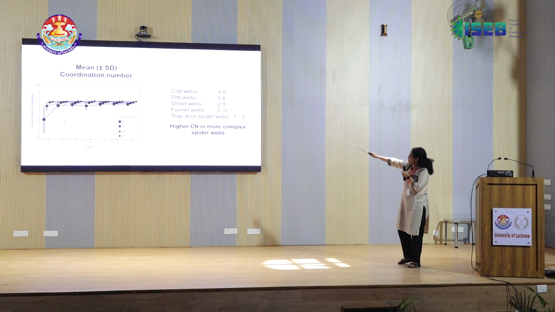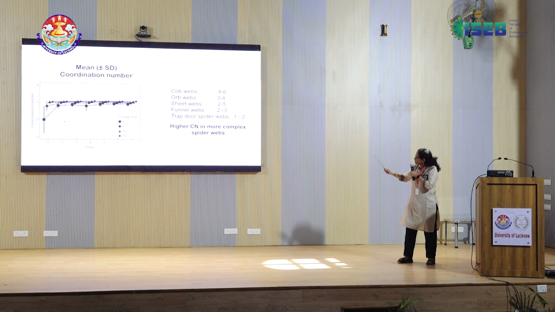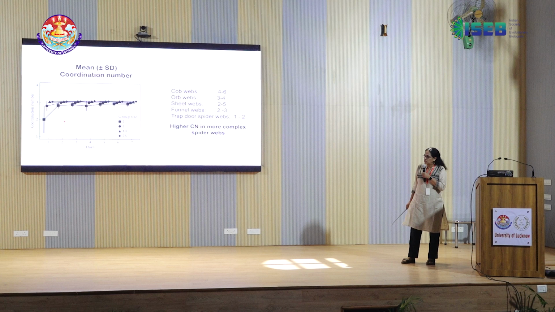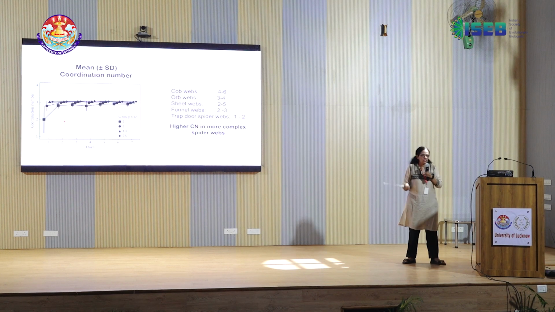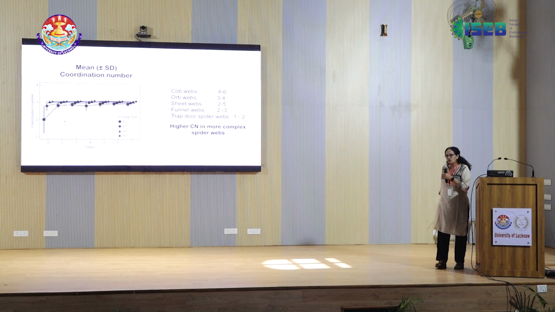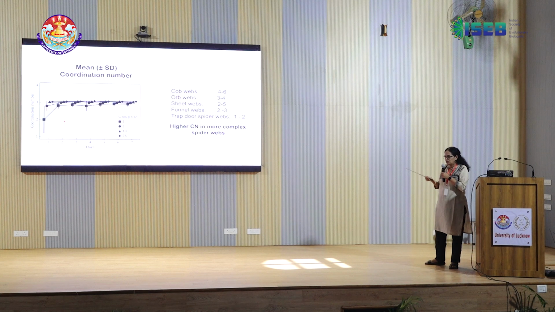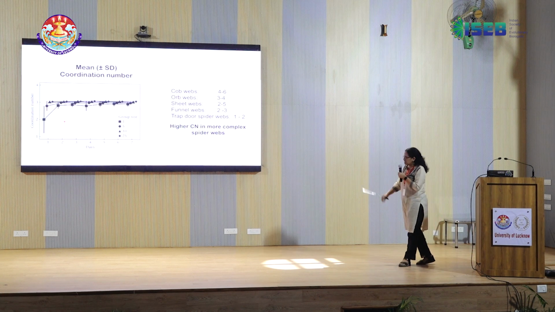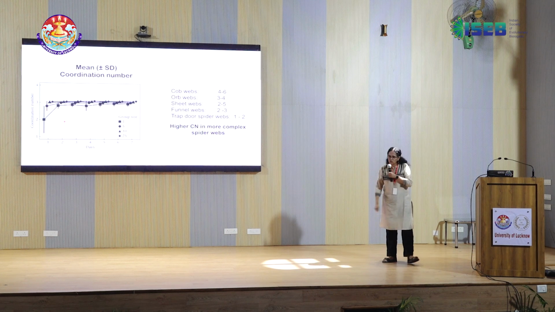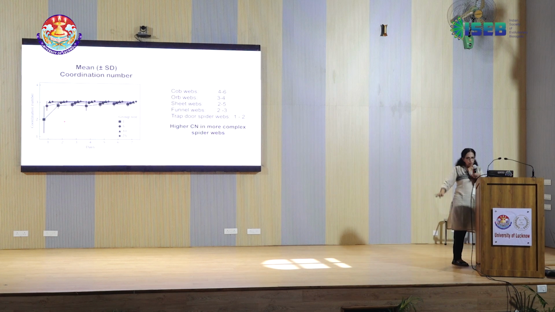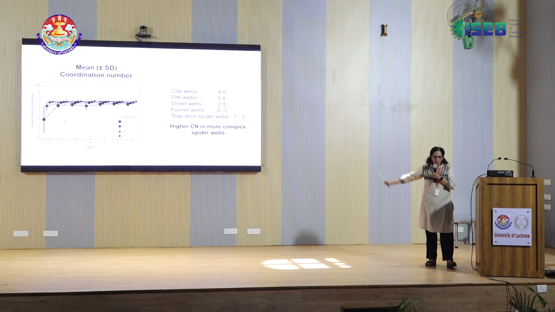Now if you compare this, and this is probably the first time that it is done with social spiders, if you compare it with other kinds of spider webs, if you look at cobwebs, they have much higher coordination numbers, and cobwebs are much more complex webs, and so perhaps the structural stability is very high. And then if you're on the lower end, if you look at the trapdoor spider webs, they tend to have very low coordination numbers, and our sheet webs come somewhere in the middle.